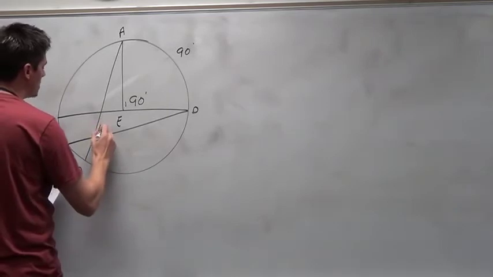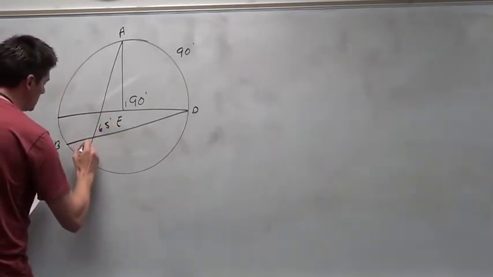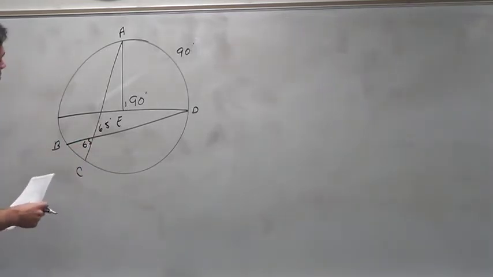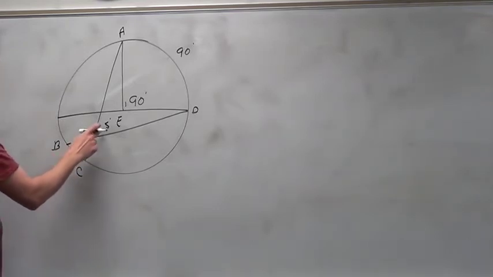This here, if you measure, it's going to be 65. And we know that this is going to be 65 as well because of central angles. And then we go back to what we learned earlier in the very first portion of this. And you ask yourself, what is the measurement of this little bitty arc out here going to be? Well, it's not 65.